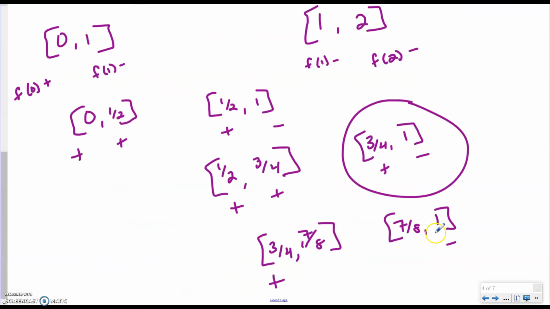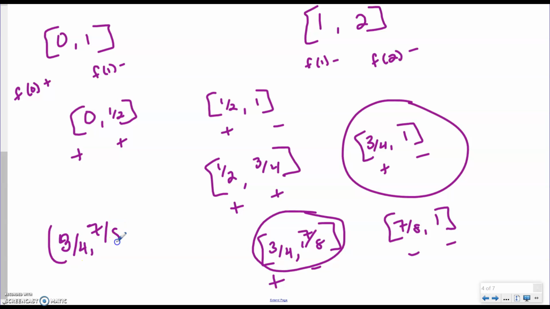So we've kind of narrowed this down, that this is our interval. So that somewhere between 3/4 and 7/8 we have a 0. So the 0 lies on the interval from 3/4 to 7/8. I'm actually not going to include those endpoints because I know that this is a positive and that's a negative, it's not 0.